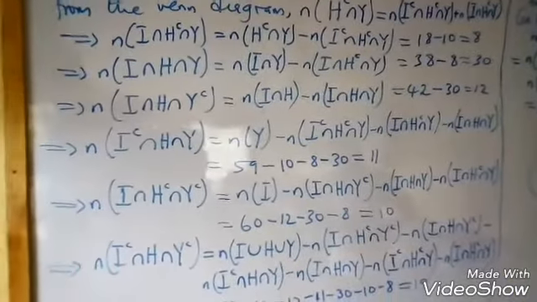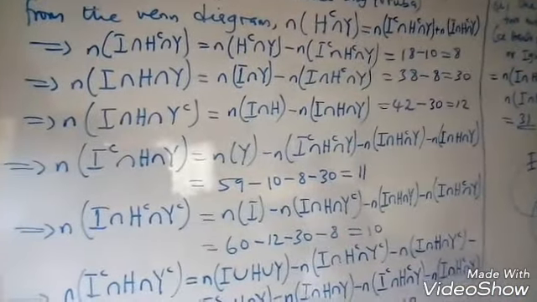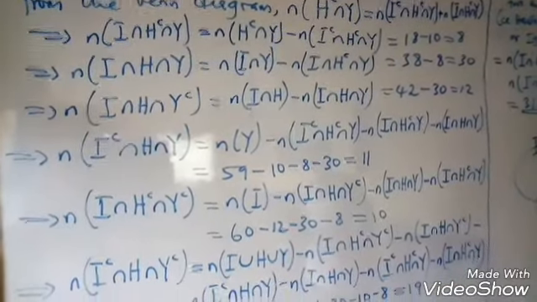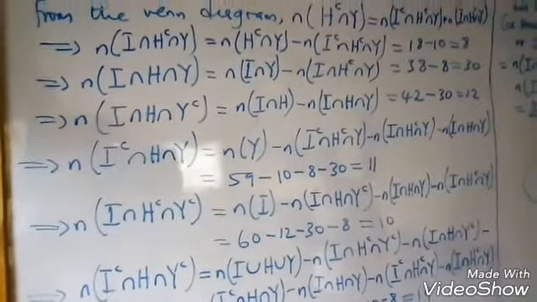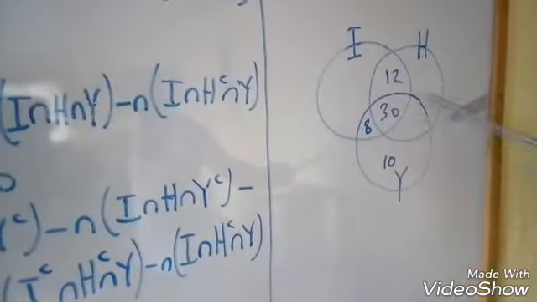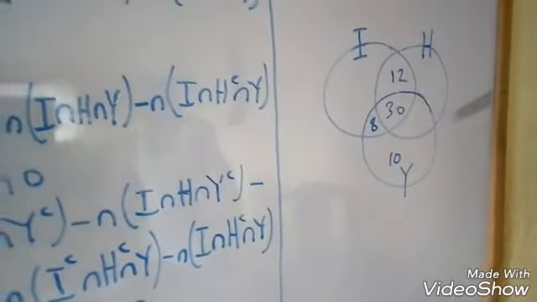Then H only and Y only, this one is what? Since we know this and that, we can get H and Y only. What do we do here? The whole of Y is 59.